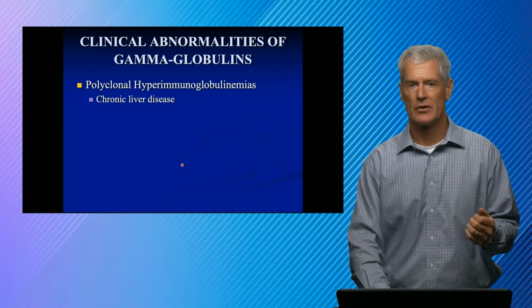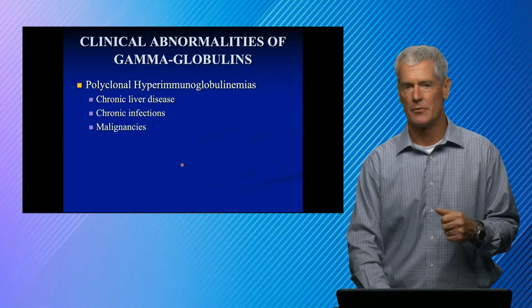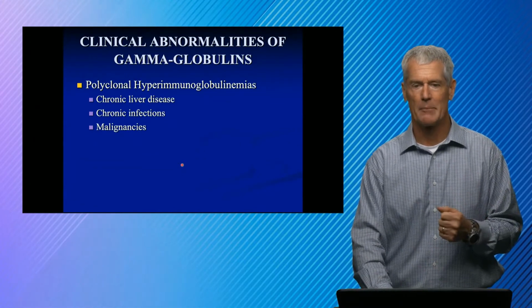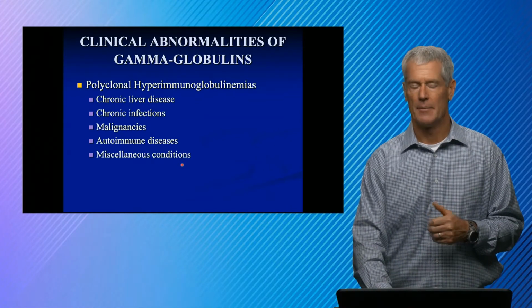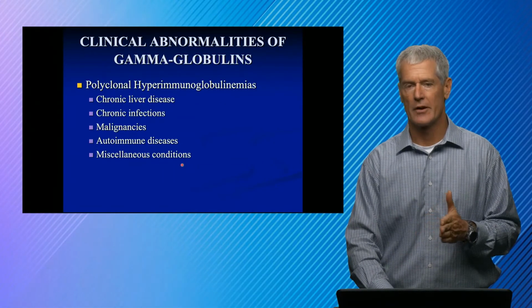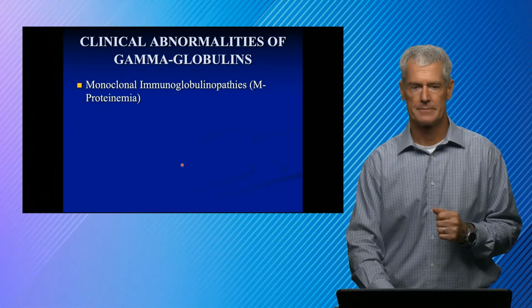So chronic liver disease, inflammatory conditions cause this. Infections, certain malignancies are inflammatory, so you get a hypergamma-globulinemia, some autoimmune diseases, and a variety of other miscellaneous conditions. But again, we're trying to differentiate monoclonal from polyclonal and then take it from there.